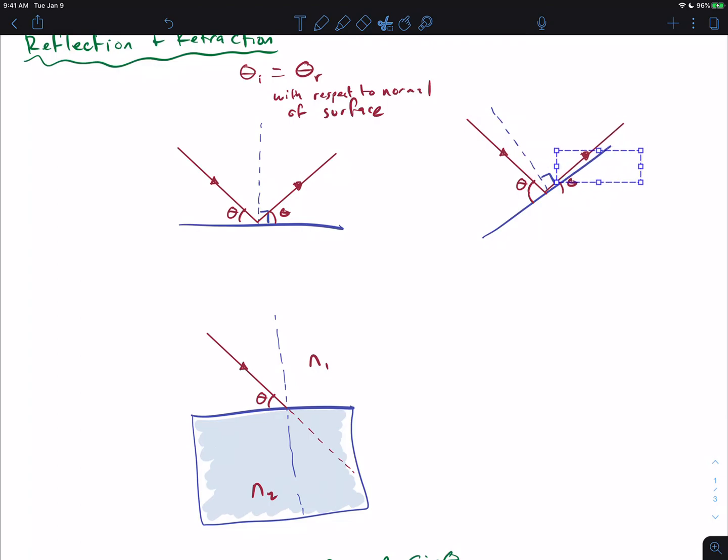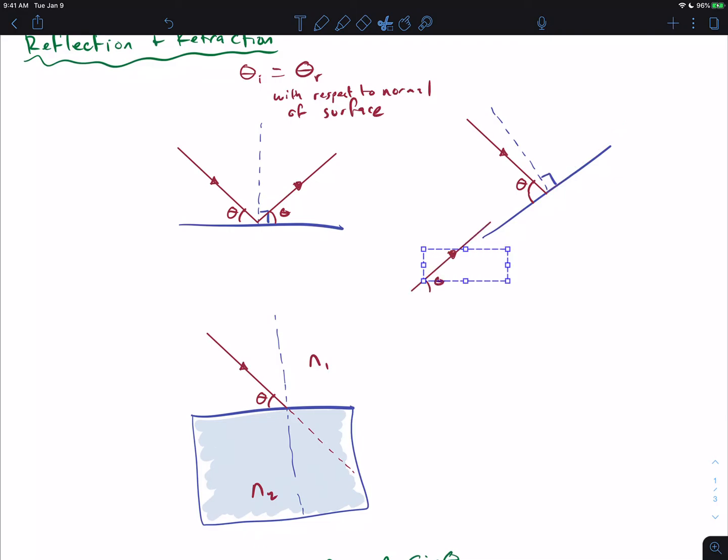This will not happen. This is not the same surface, so my angles here aren't the same as they were before. This doesn't work because now my angles aren't equal with respect to my surface.